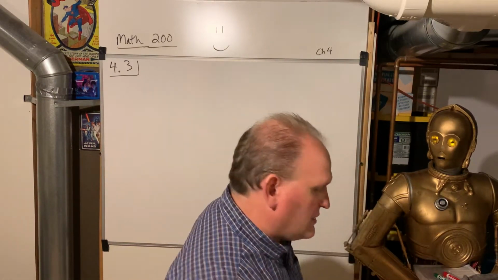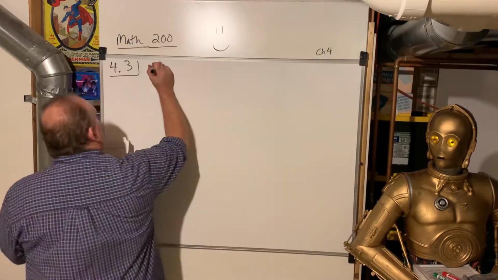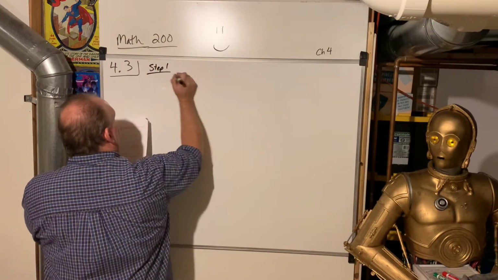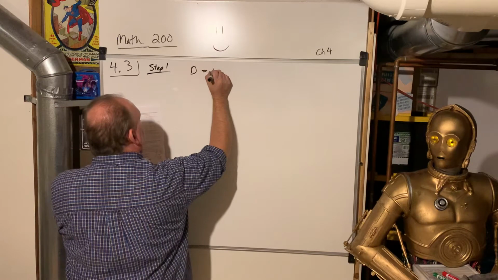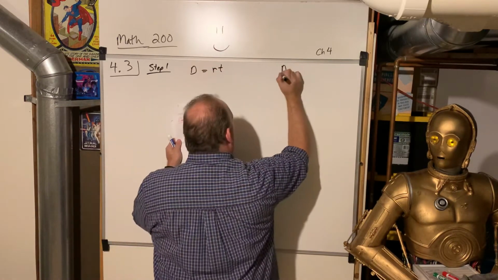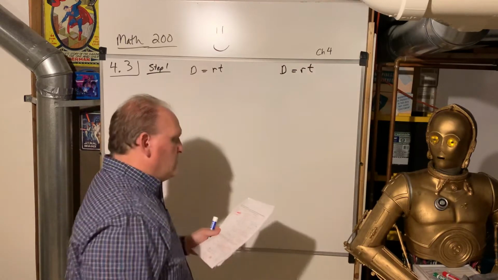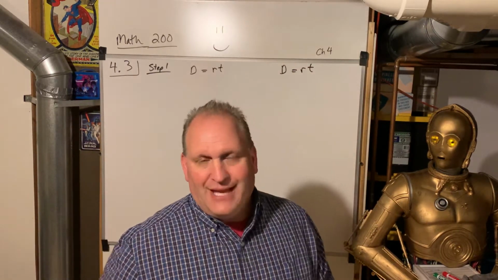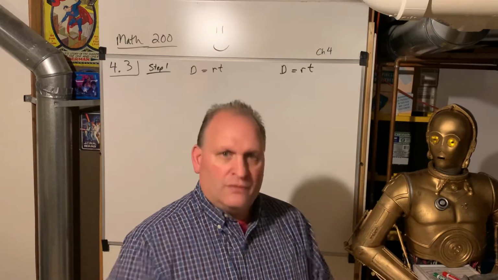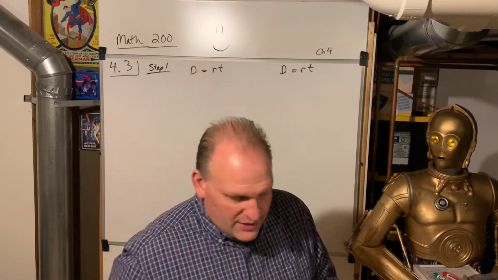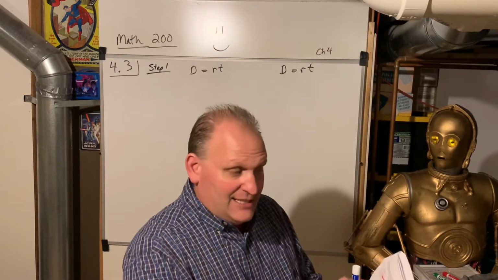So there's two things going on here. Let's look at step 1 here. This is the distance formula, distance equals rate times time, but we're going to actually do two distances. When you're going downstream, that means the water's pushing you. So you're supplying the power, but then the water's pushing you, and that's the extra part.